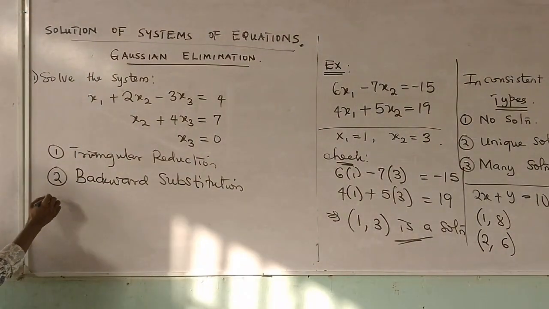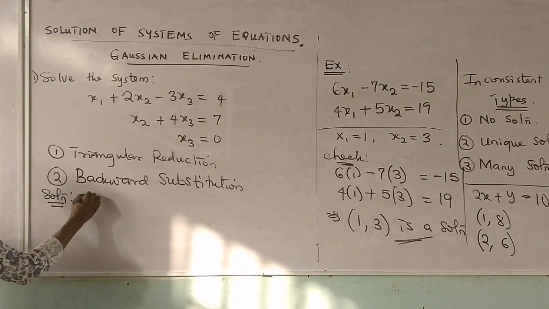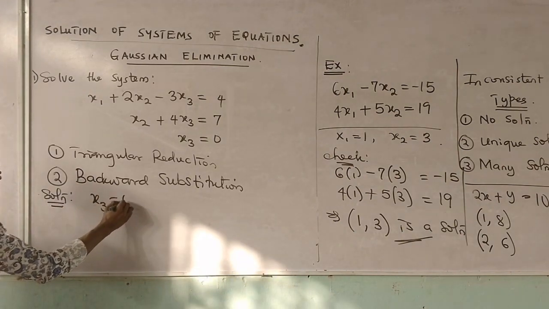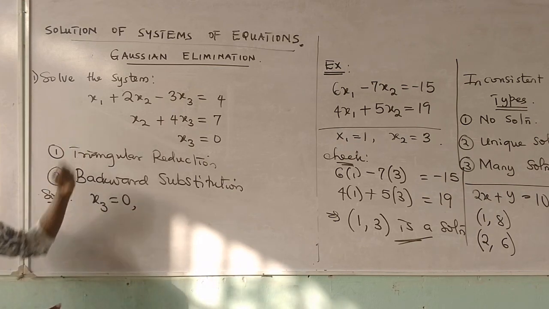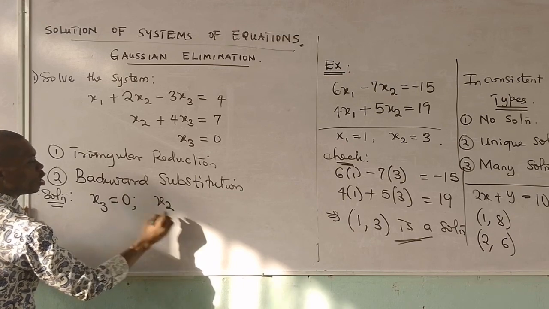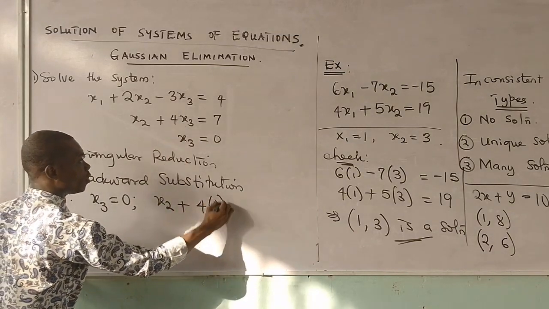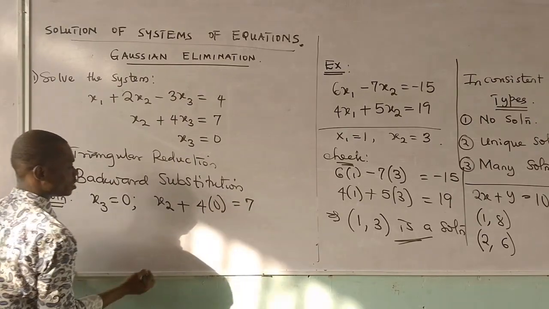So look at that. I already have that my x3 is equal to 0. If I now substitute in equation 2, that's going to give me x2 plus, of course, 4 times 0 is 0, and that's equal to 7.